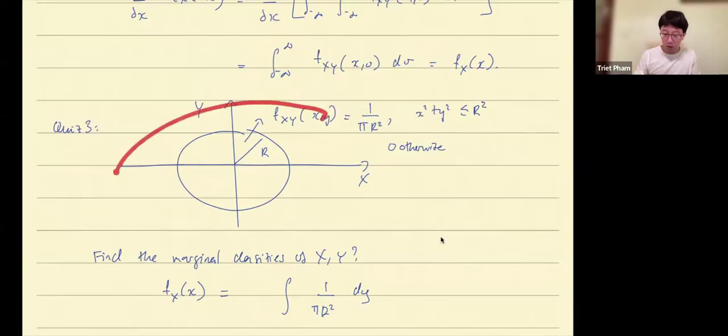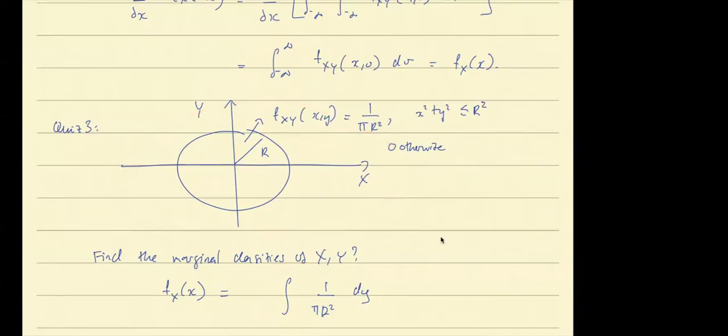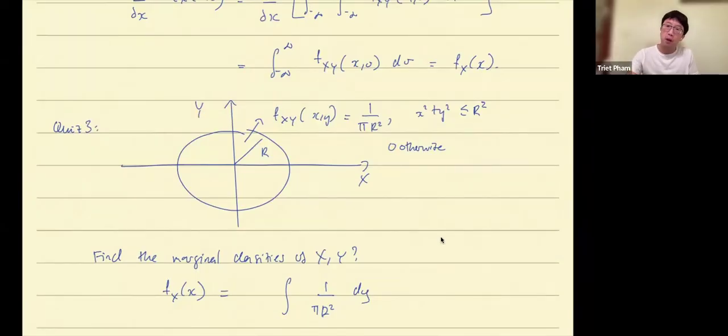With respect to this circle, where do we integrate Y from? From where to where? Negative r to r. Incorrect. Because minus r to r will go from here to here.